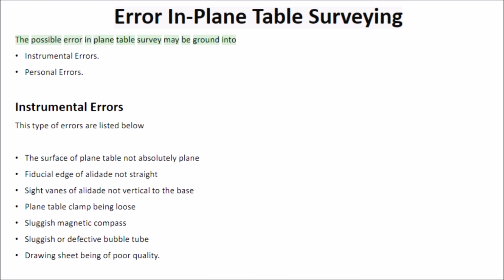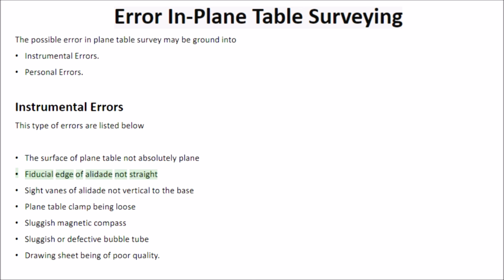The possible errors in plane table survey may be grouped into instrumental errors and personal errors. Instrumental errors are listed below. The surface of the plane table not absolutely plane.